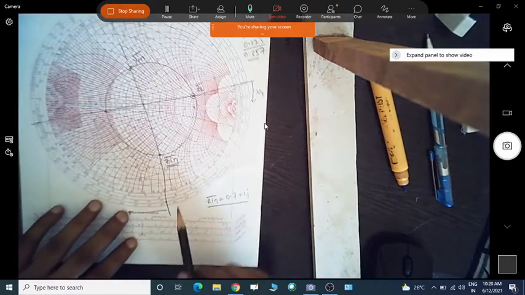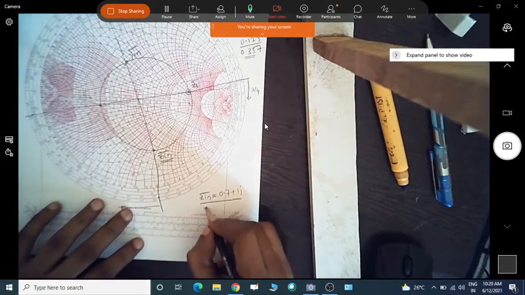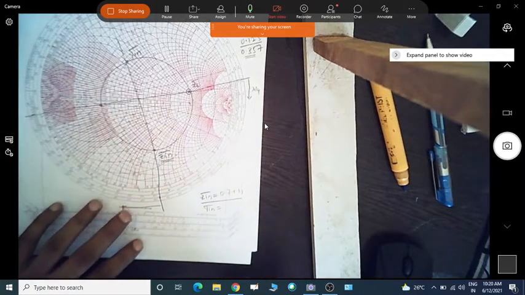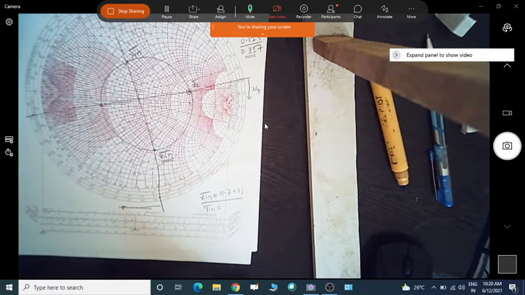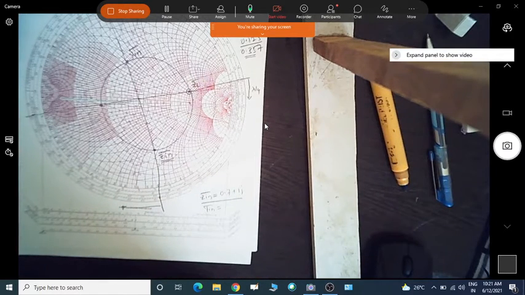That will give the normalized admittance, that is Y in bar. You can find out the normalized admittance.